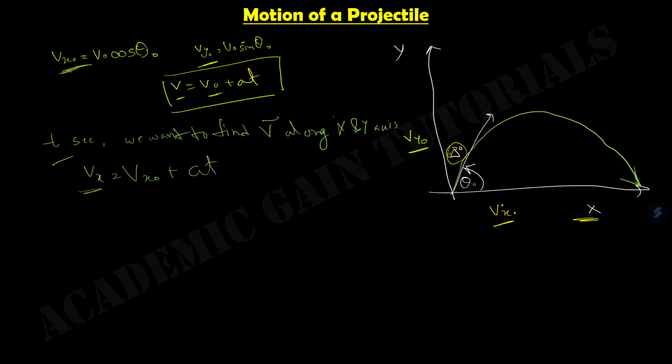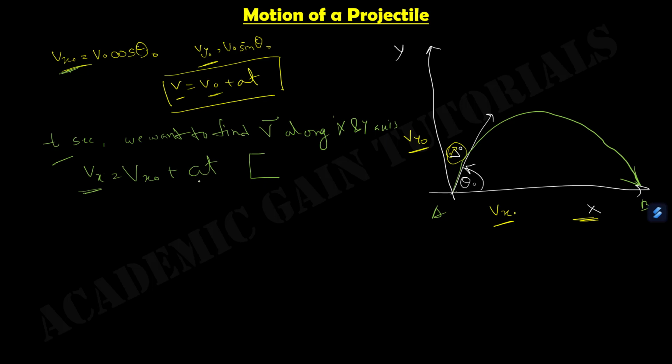But in the x-axis there is no acceleration, because the body doesn't have any change of velocity along the x-axis. As there is no acceleration along the x-axis, the body is only moving from A point to B point.